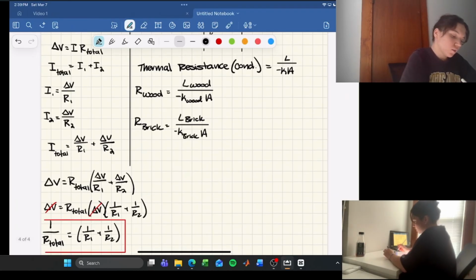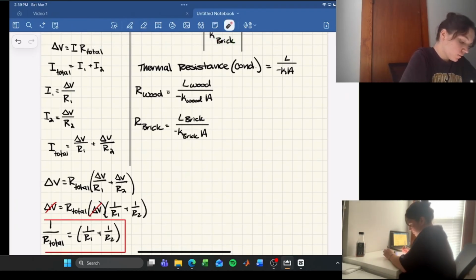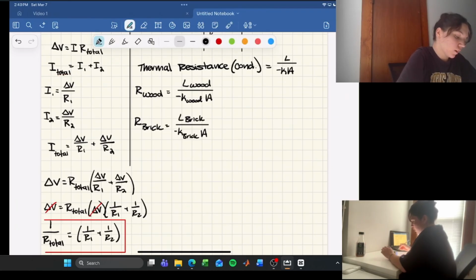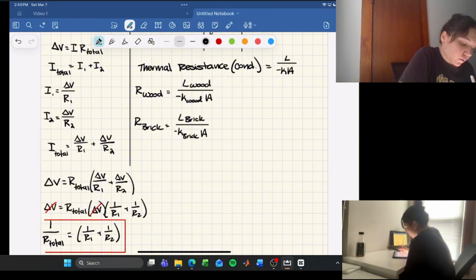So similar to what we did over here with Ohm's law, you want to focus on the total current flow first, because again, what we said earlier, using the thermal resistance analogy for heat transfer, relating it to Ohm's law, we said that the change in voltage is going to be related to the change in temperature. And we said that the current is related to the heat flow.